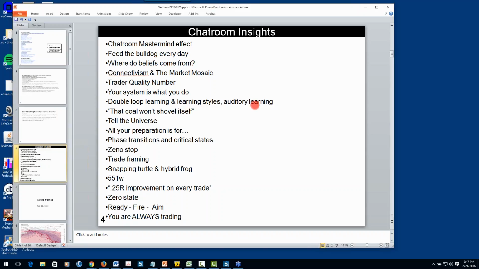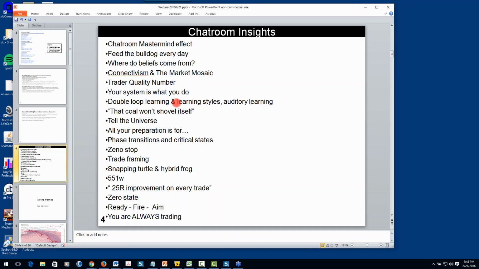Double loop learning, learning styles, auditory learning. So double loop learning has to do with the metacognition or reflection about how you learn and whether or not that is effective. So a single loop learning is where you study something, you come to a conclusion, then you make a change. Double loop learning means that you consider why you thought that was a lesson that should be learned, what process you used to evaluate the data, and you're looking at your process for learning and not just the content of the things that come out of that particular trade.